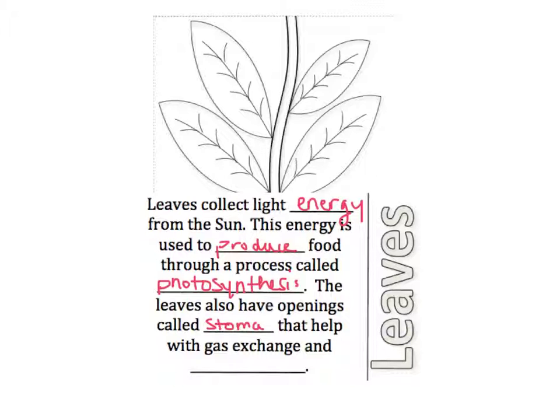But the opening itself is called a stoma that help with gas exchange and transpiration. So for your clarification, transpiration is one of the terms that we haven't really talked about much. And when we talk about transpiration, what we're referring to is the movement of water.